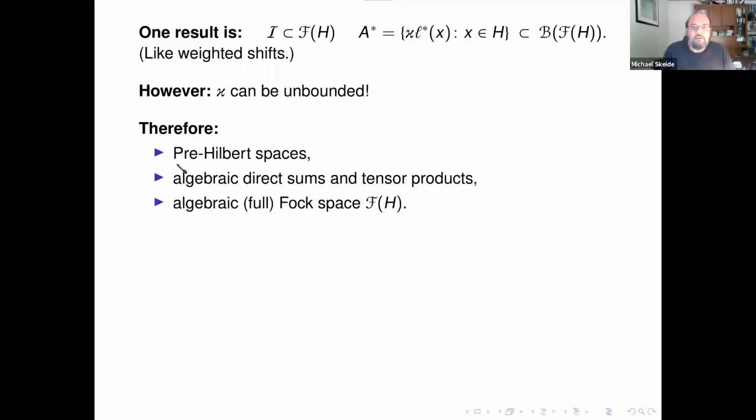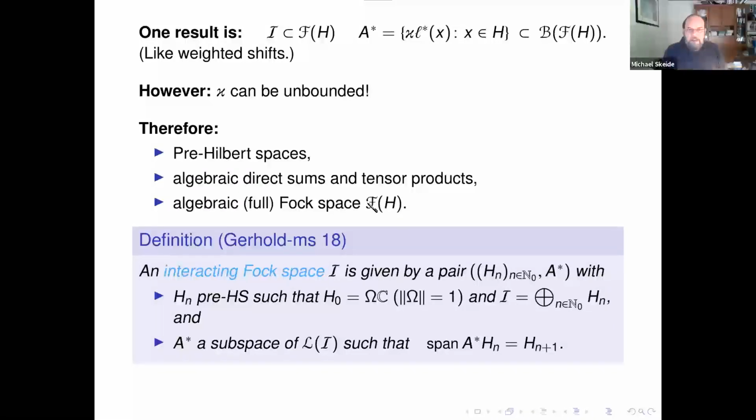Therefore, it's essential that we model our theory for pre-Hilbert spaces. The algebraic direct sums and tensor products are all algebraic, and in particular, we look at the algebraic full Fock space. So the definition adapted to this setting is the following. An interacting Fock space is given by a family of pre-Hilbert spaces as a direct sum, and a set of operators such that the algebraic span of H_n gives H_(n+1).